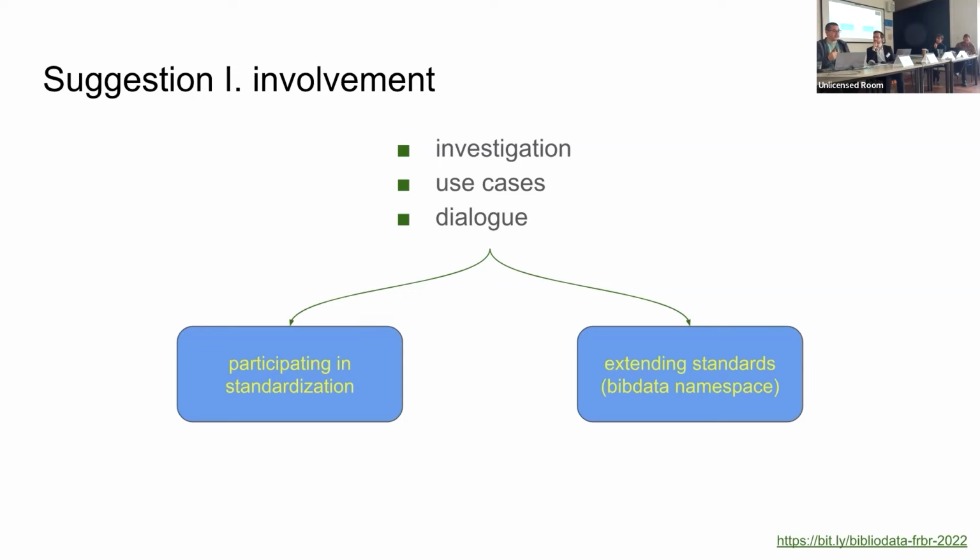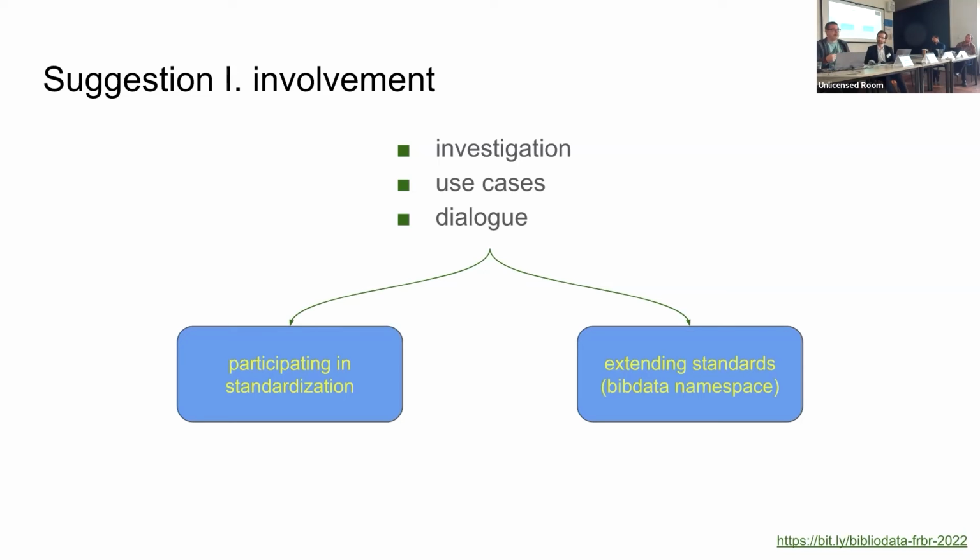And once we've done it, we might decide whether we participate in the standardization. So we get closer to the FRBR models and tell them that your model is fine, but it cannot express our worldview.